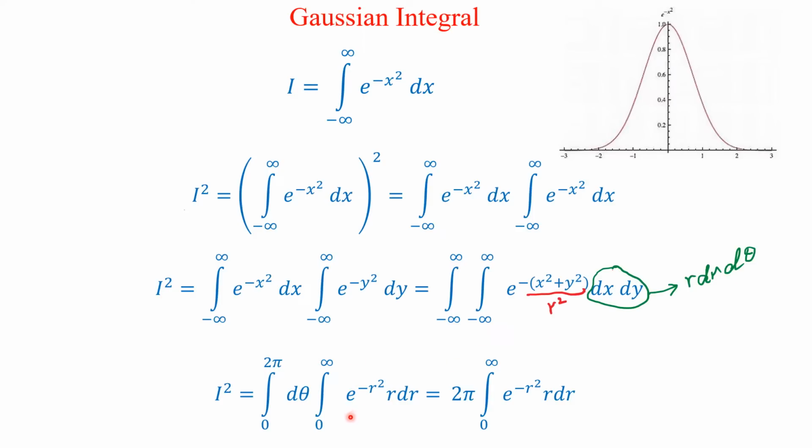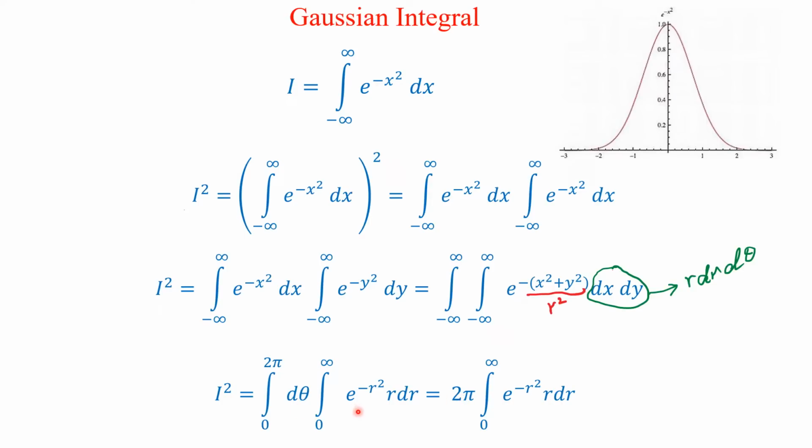However, the limit for r is not minus infinity to plus infinity. Due to spherical symmetry, whichever direction you take, it will be symmetrical. So the limit changes from 0 to infinity. The theta integral value is 2 pi.